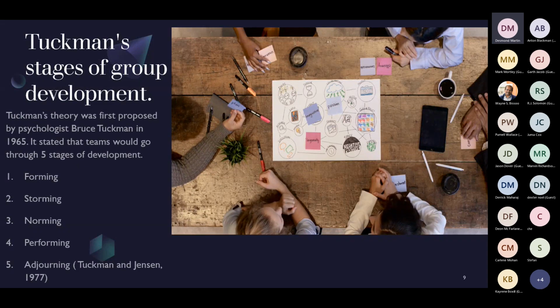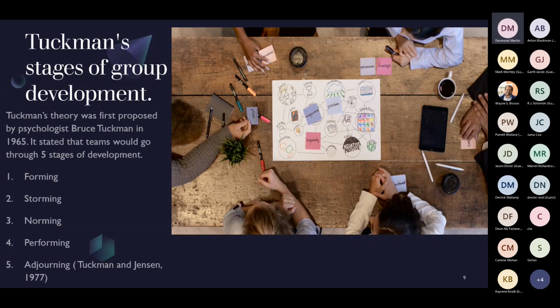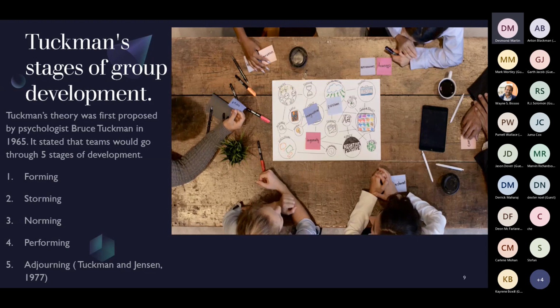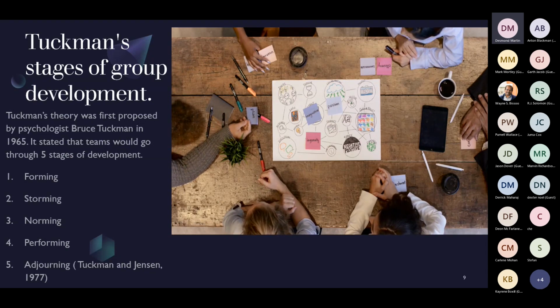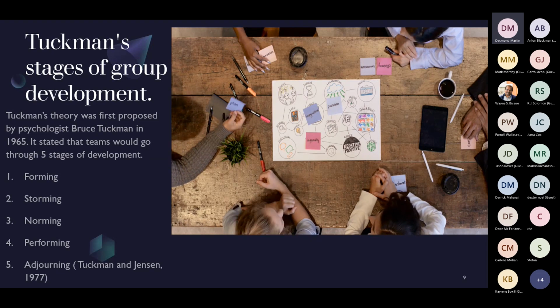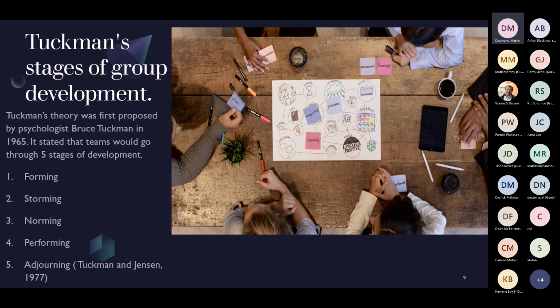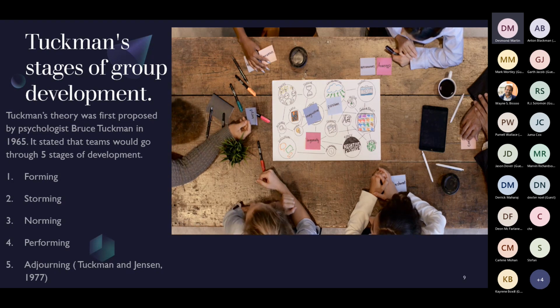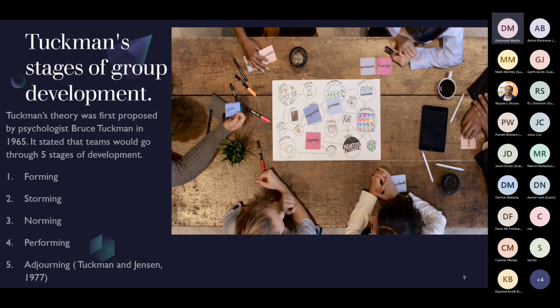According to psychologist Bruce Tuckman, he developed the theory of five stages of group development in 1965. His model explains how a group's maturity and ability develop and establish relationships as leadership styles change. Tuckman's model gives an understanding of how groups develop.